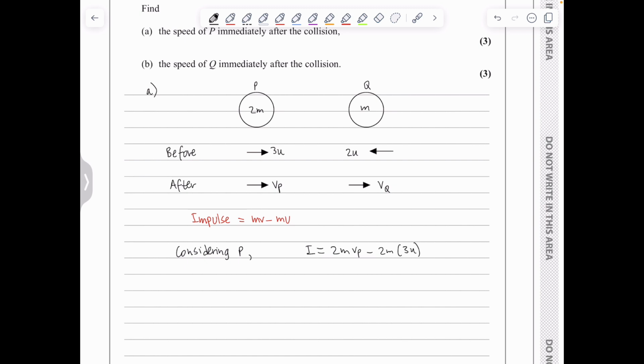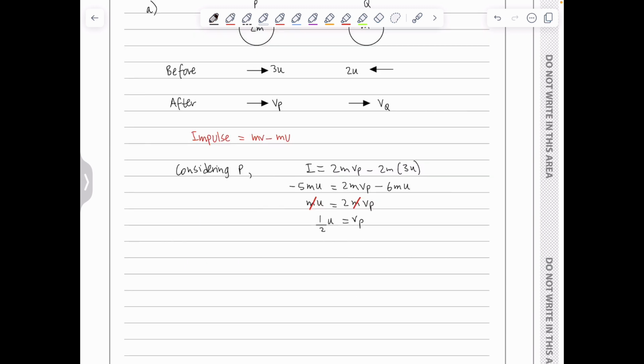Well, the impulse had a magnitude of 5mu, so the impulse itself is negative 5mu, which is equal to 2m vp minus 6mu. So we get that mu is equal to 2m vp. We can see that the m's cancel out, and therefore we get that a half u is equal to vp, and therefore we conclude that the speed of P after the collision is a half u meters per second.